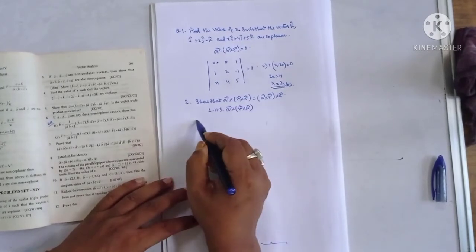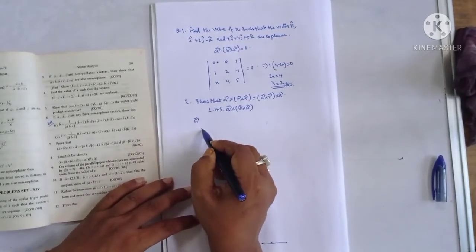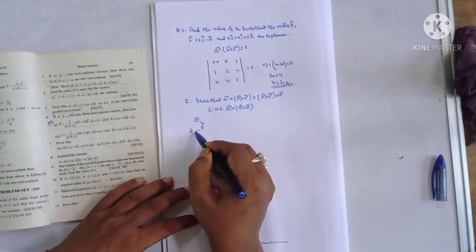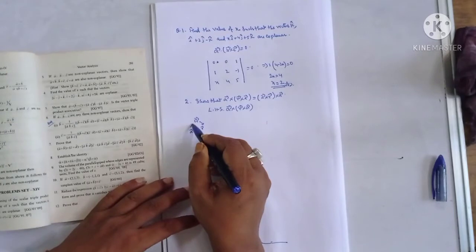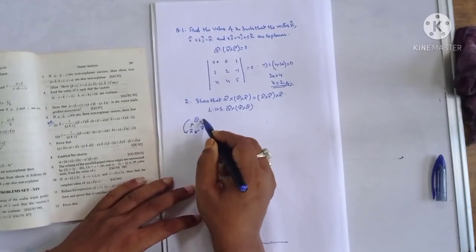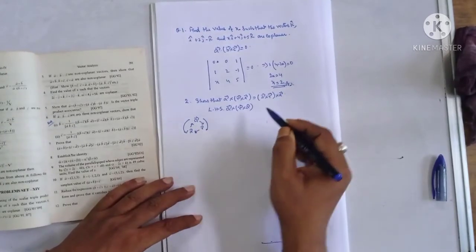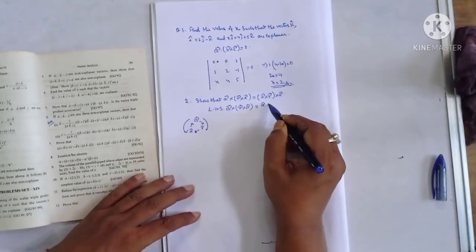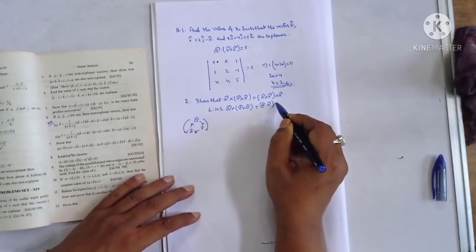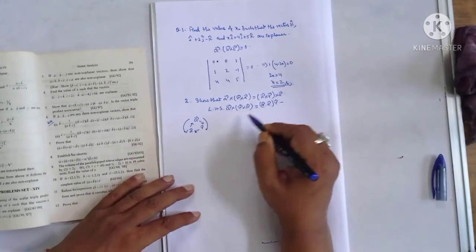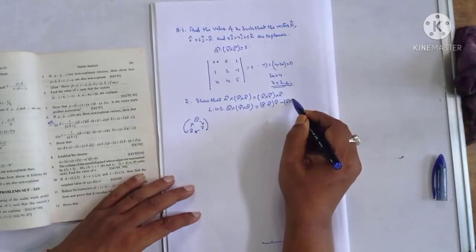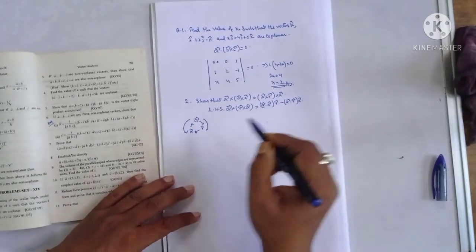So here a vector r vector a vector goes like this. So first this side, then this side. So this will be a vector dot a vector r vector minus a vector dot r vector a vector.